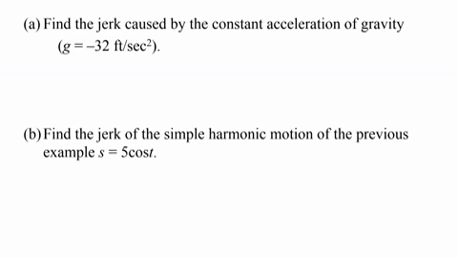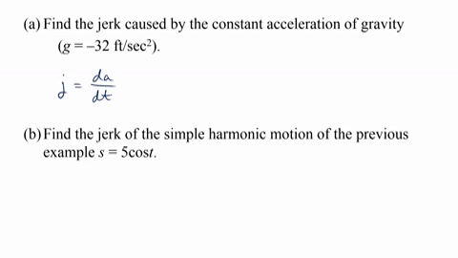Part A, find the jerk caused by the constant acceleration of gravity, where that acceleration of gravity, g, is equal to negative 32 feet per second squared. So we just learned that jerk, J, is equal to the derivative of acceleration, which we could write as dA/dt with respect to time.